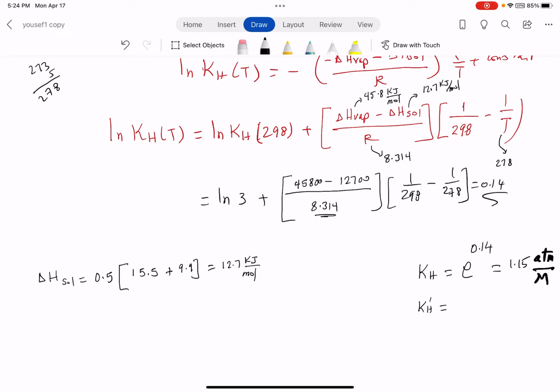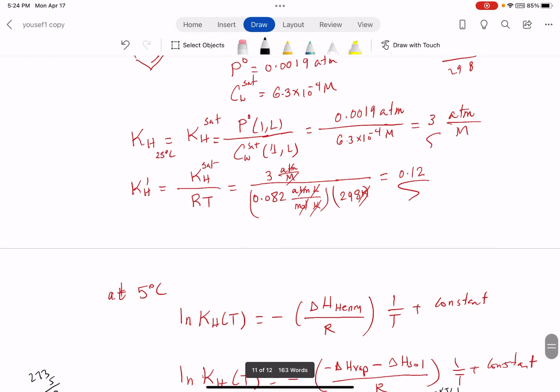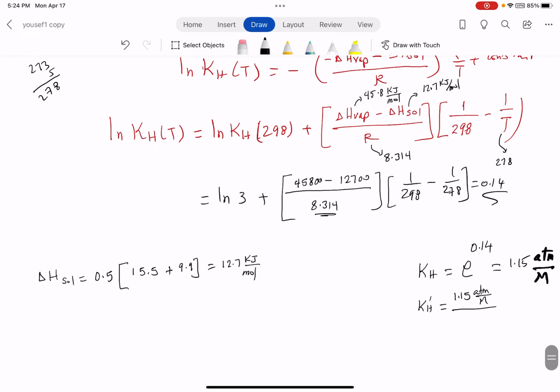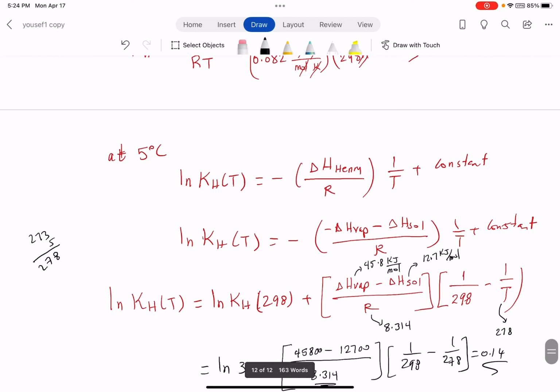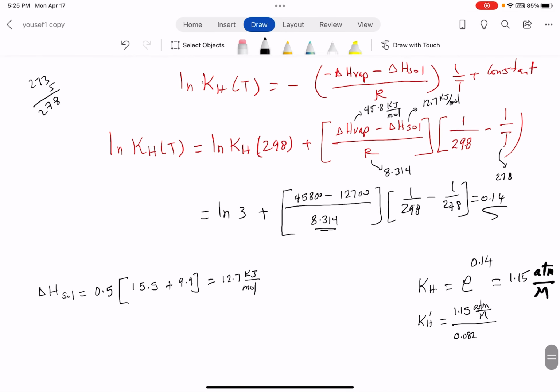This would give you KH, 1.15 atmosphere per molarity, over 0.082 atmosphere liter times the temperature, which is 278 Kelvin.